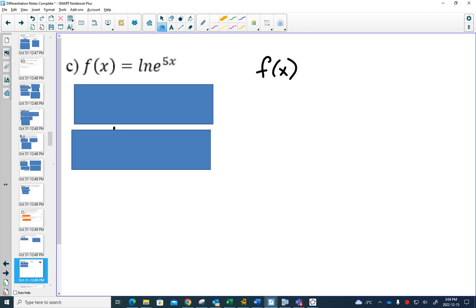Think of your log laws. You have a log law with exponents, right? What does your log law say if you have an exponent? You can bring that exponent out in front. Why is that helpful?